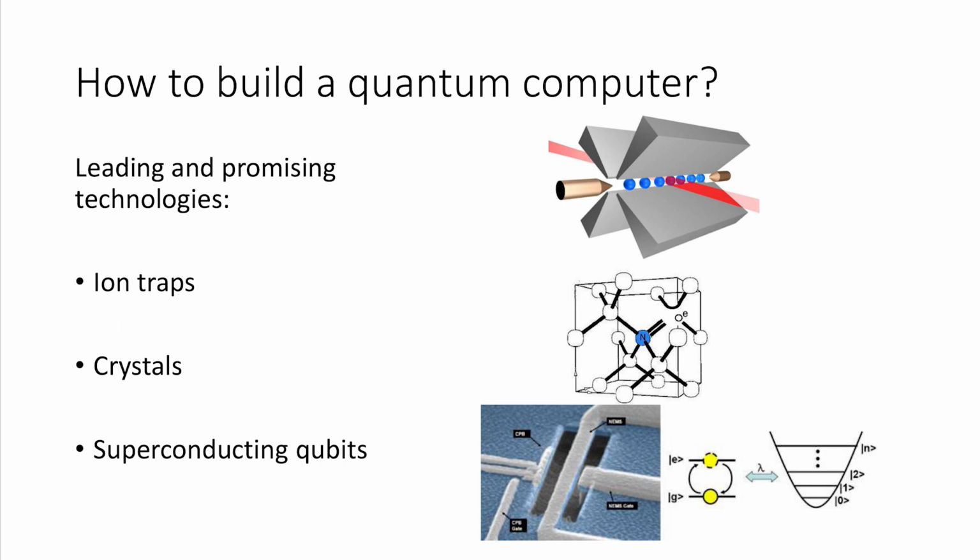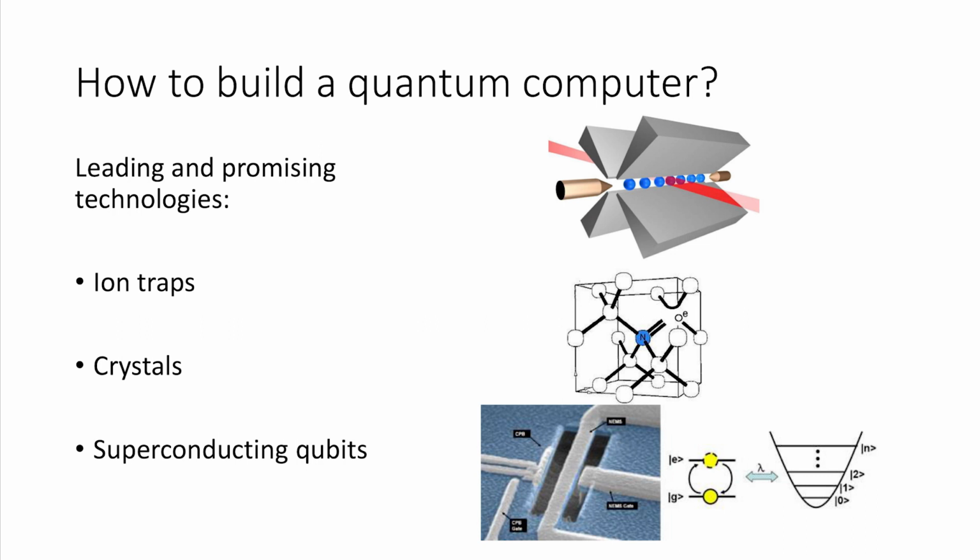And Microsoft, topological qubits, they all work in a superconducting regime. Then you have crystals, which is not that popular. There are a few startups trying to commercialize this technology, but so far it's promising, but it's not major. You cannot build a real quantum computer yet.